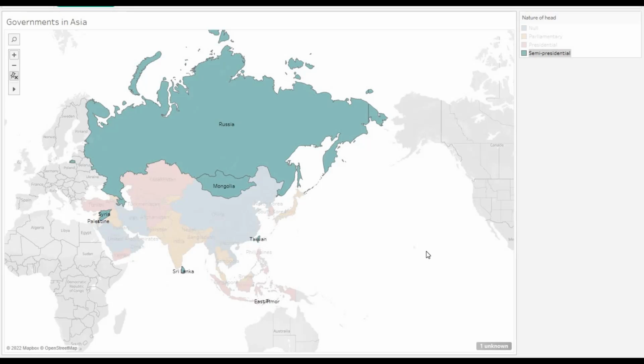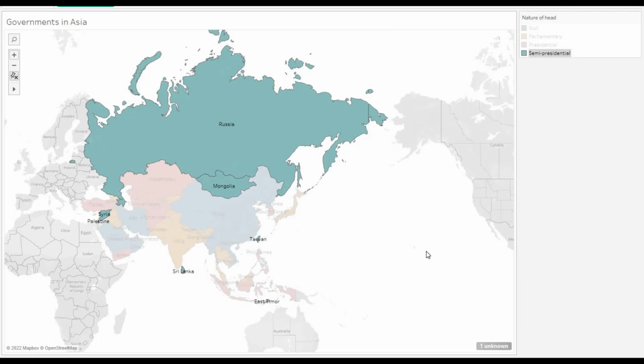Now, in this system, again the president is elected by the people of the country, but there's a prime minister as well as a president who are the executive heads of the government. By that it means that there are certain powers, that is executive powers, which are in the hands of the president, and there are other powers which are not with the president; those lie in the hands of the prime minister.